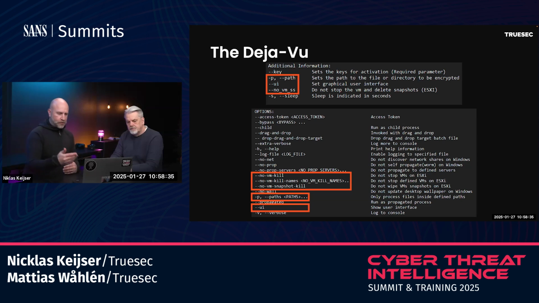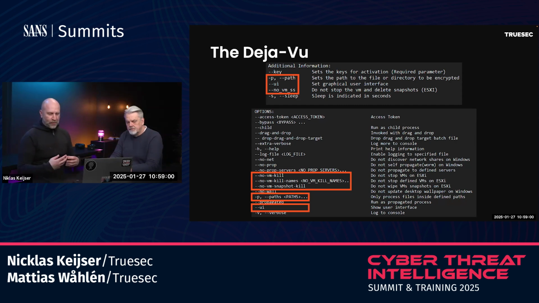If I compare, and I highlighted some of the interesting parts, you see that the top one with Cicada has this --ui, which gives you a graphical user interface when running the ransomware. The same one we see in BlackCat. I've done roughly 100 ransomware investigations, and the --ui I've only seen in BlackCat before.